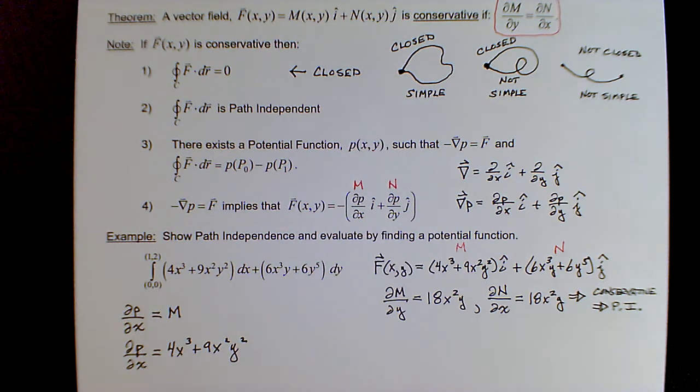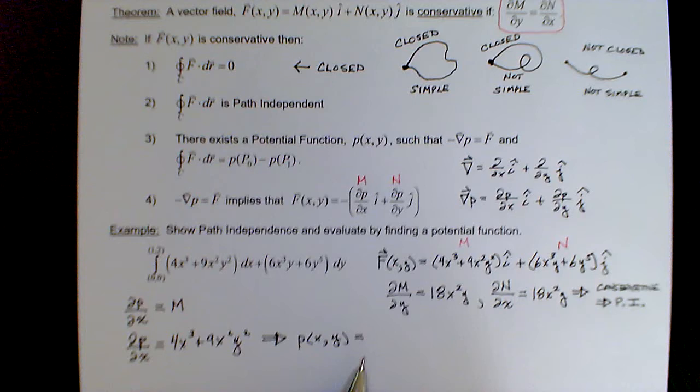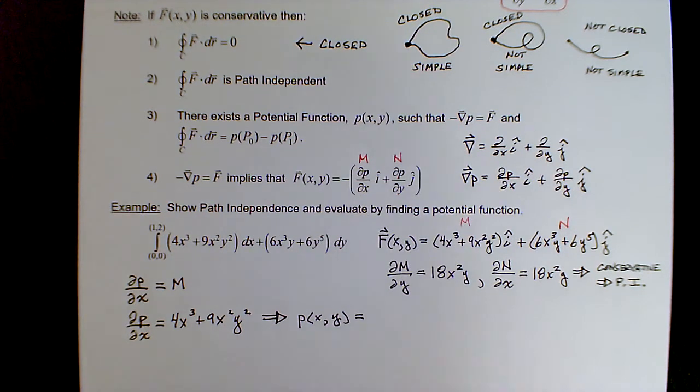Okay, and then we're going to try to find P. So now we could say that the potential function, it's a good idea at that point to introduce functional notation and say it's a function of x and y. Since this is the derivative with respect to x, to find P we can integrate this with respect to x.